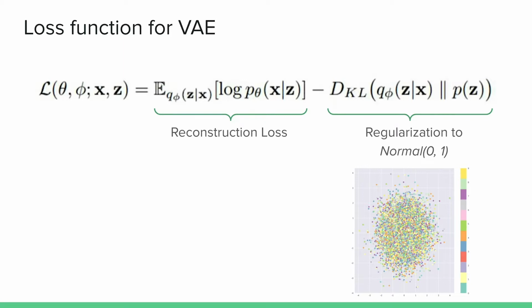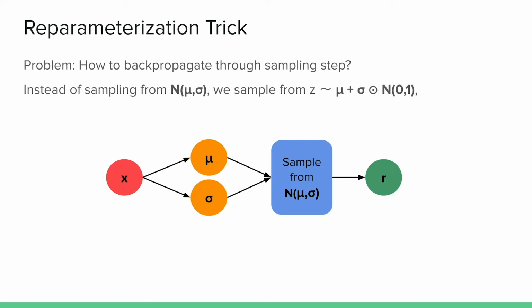And this is what we're doing here in the second part of our loss function. One practical issue that we have with variational autoencoders is that we have some sort of randomness in our network. So again, we predict mu, we predict sigma, and then we sample from that probability distribution.